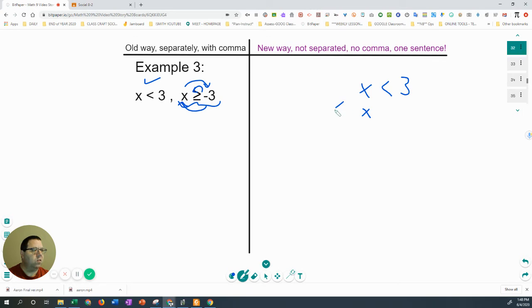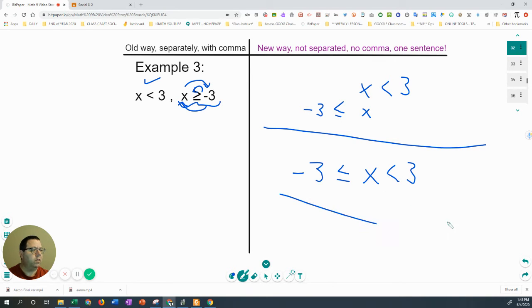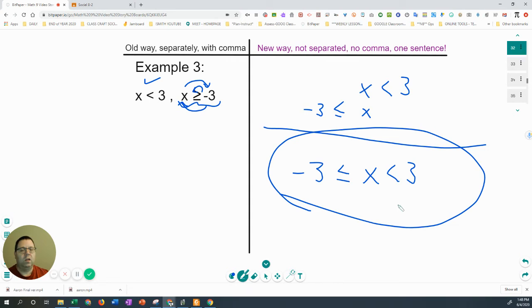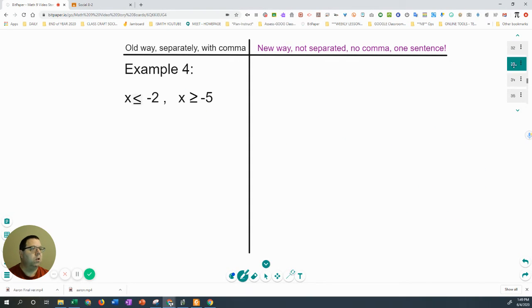So x is less than or equal to negative 3. Now stack it up and just write one common sentence. Negative 3 is less than or equal to x less than 3. I'm not going to get my huge, thick orange pen. I think, hopefully, cross my fingers, you're getting the idea here.